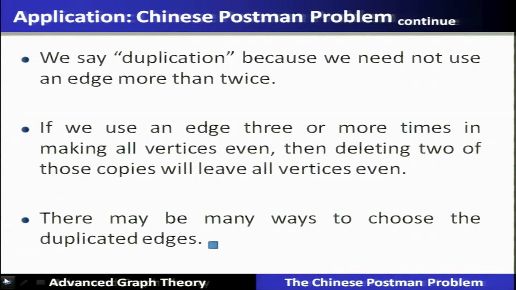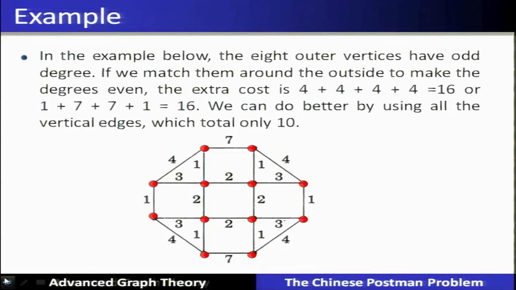If we use an edge three or more times in making all the vertices even, then deleting two of these copies will leave all vertices still even. There are many ways to choose the duplicated edges, so the Chinese Postman problem becomes an optimization problem.